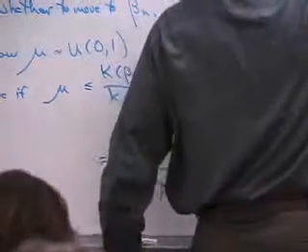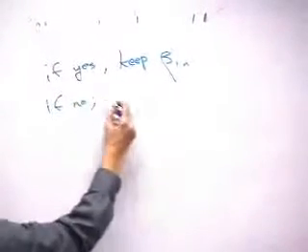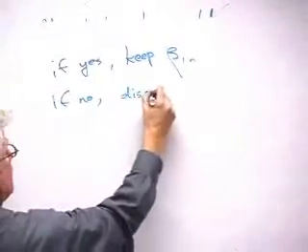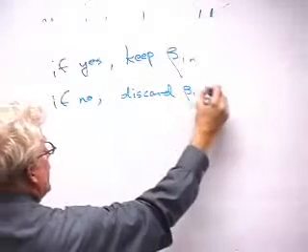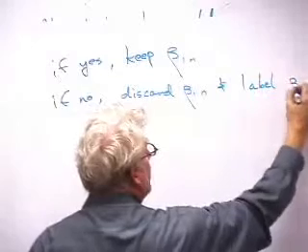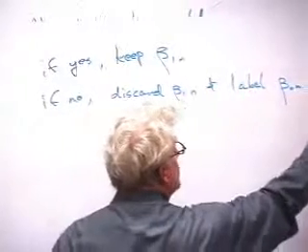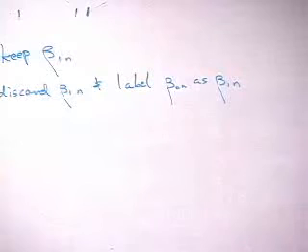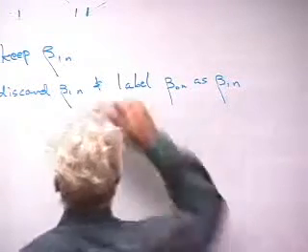If yes, keep beta 1 in. If no, discard beta 1 and label beta 0 as beta n1. I changed the ordering here.